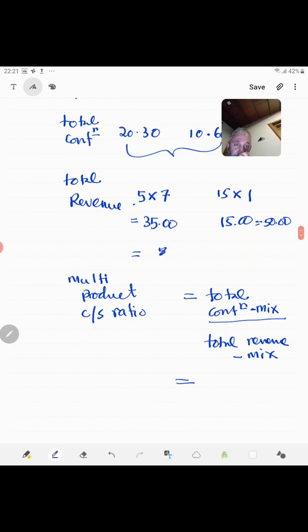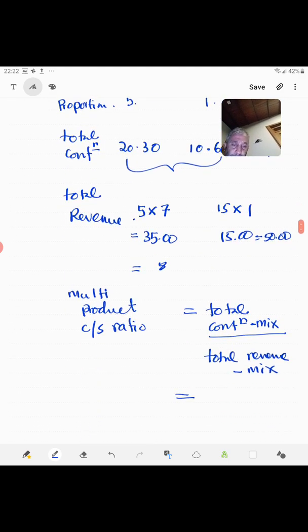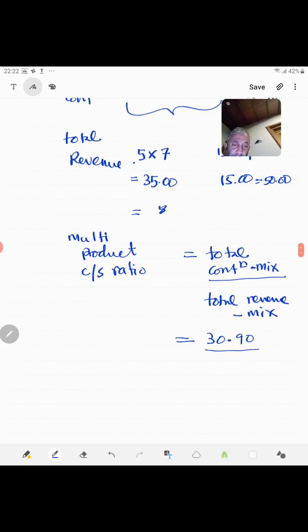The total contribution we have arrived at is 30.90, and the total revenue we have arrived at is 50.